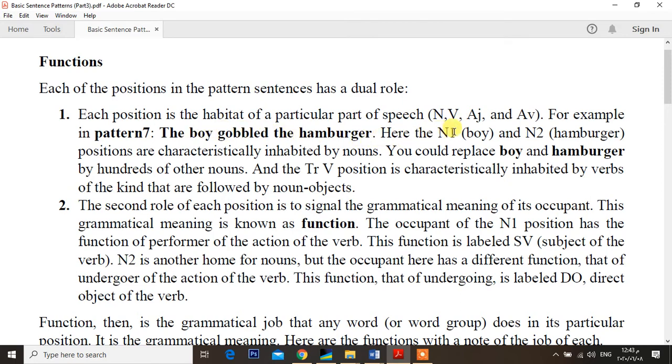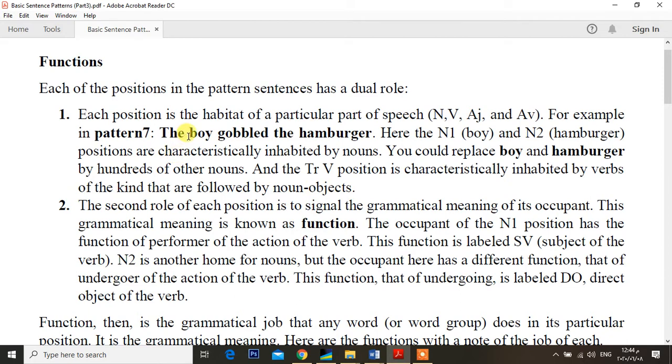Here the noun 1, which is boy, and the noun 2, hamburger, positions are characteristically inhabited by nouns. You could replace boy and hamburger by hundreds of other nouns, and the transitive verb position is characteristically inhabited by verbs of the kind that are followed by noun objects.